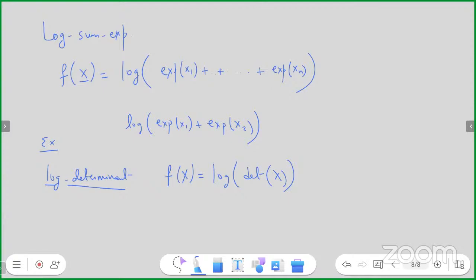I'm taking a logarithm. So the domain is such that X is positive definite. I'm going to remove the equality from PSD. So the domain is the set of all positive definite matrices. It's a pretty bad notation.